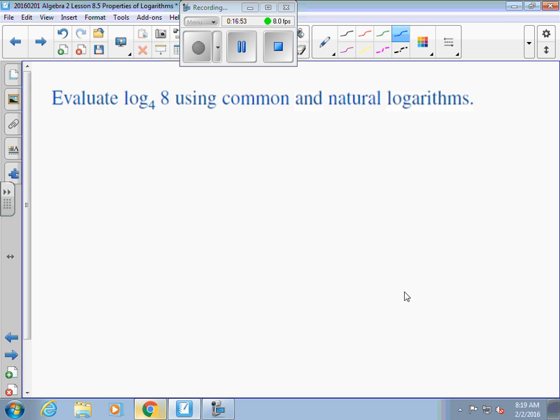So right here, evaluate the log base 4 of 8 using common and natural logarithms. See if you can set it up at least. If you have a calculator, punch it in. If you don't, just set it up and wait a few seconds till we get it filled in for you.